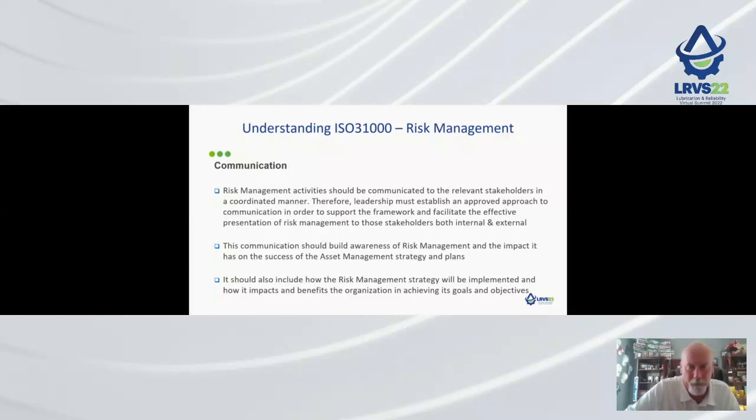But it should be communicated to the relevant stakeholders in a coordinated manner. That's exactly what I just talked about. It's consistent, and is the audience the appropriate audience that we're communicating with? So the communication should build awareness of the risk management framework throughout the organization, and how it impacts the organization.